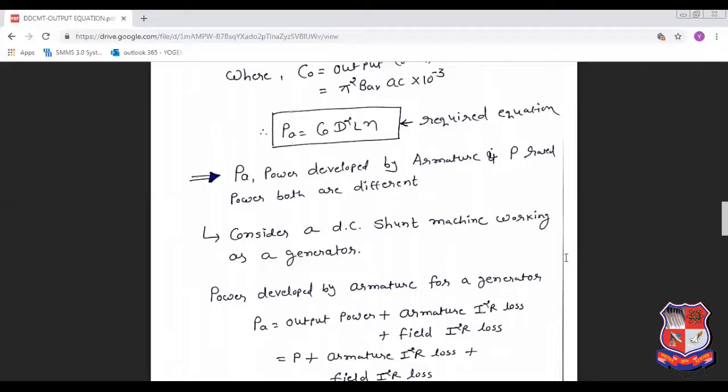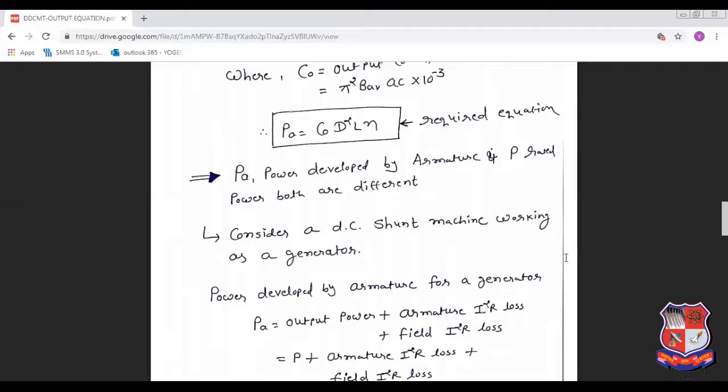The maximum flux density Bg equals the average flux density B average divided by the field form factor Ka.